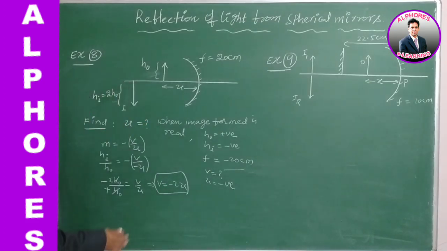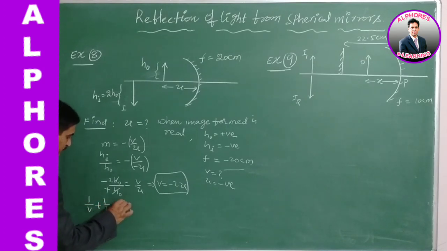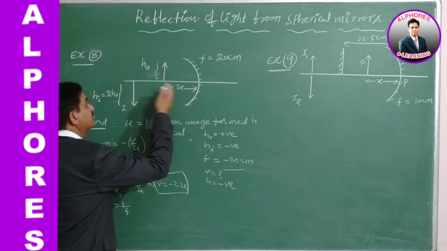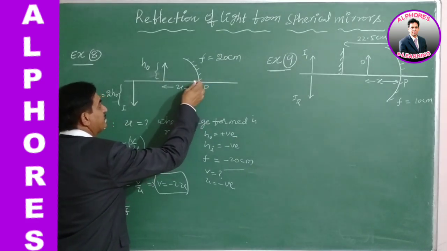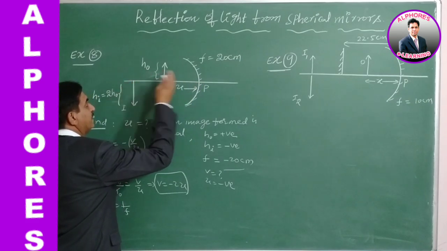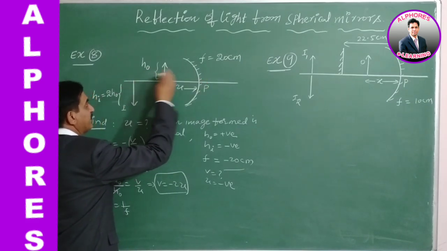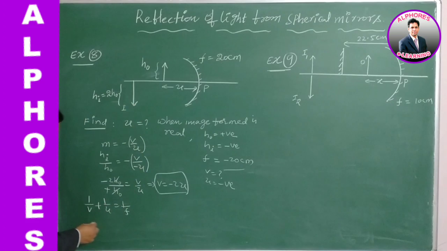Okay, go for the mirror formula: 1 by v plus 1 by u is equal to 1 by f. Using sign conventions here, the image formed is real, therefore taking the measurements from the pole, the image distance and the object distance both are negative.